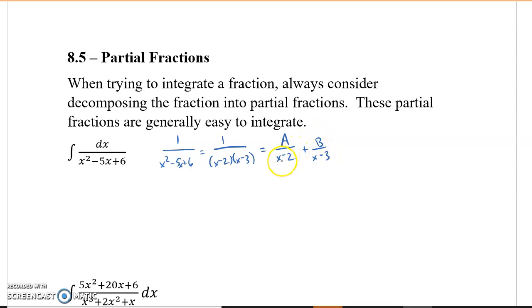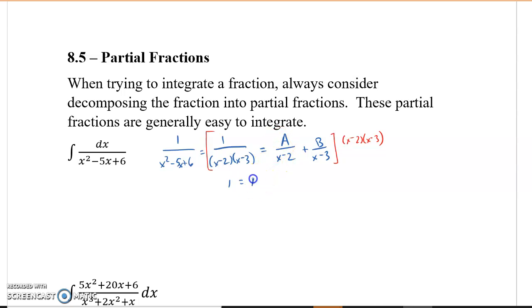So there are a number of ways you can do this. I just tend to multiply this equation through by the common denominator. So if I multiply this whole thing by x minus 2 times x minus 3, then in the first fraction, everything cancels out except for the numerator.